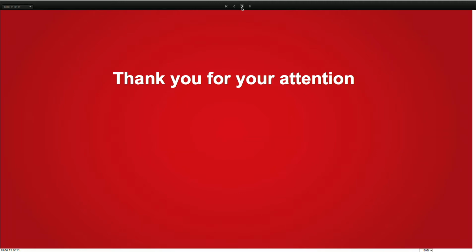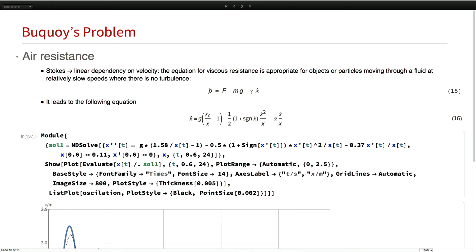Did you try to use the FindFit command in Mathematica? No. The problem is that the simulation is a numerical solve of the differential equation.